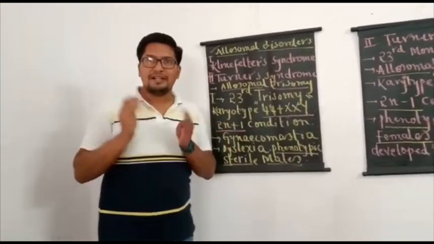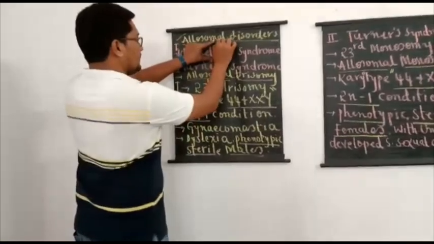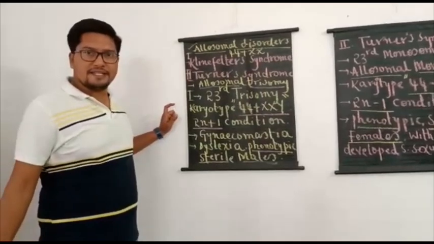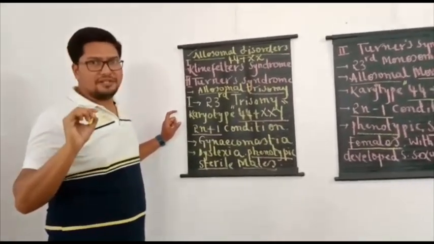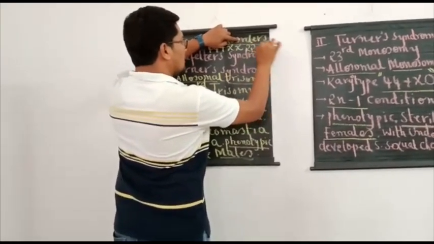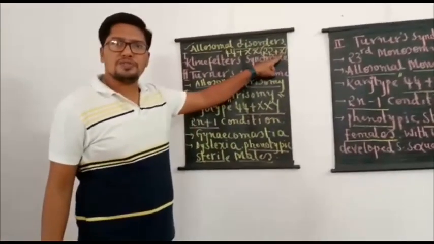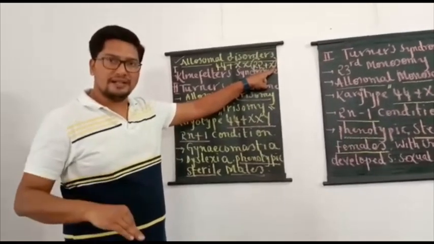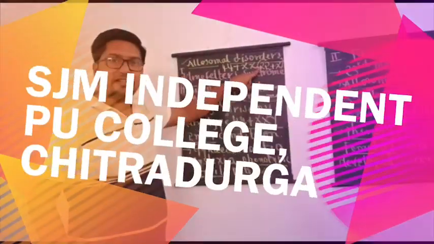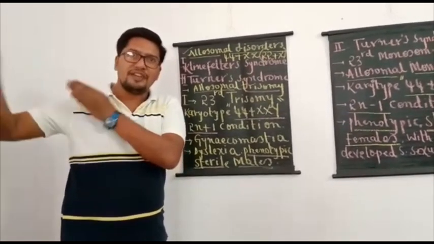And students try to understand, a normal female karyotype is 44 plus XX. When a female forms a gamete, each gamete condition is 22 plus X, right? Means each gamete carries 22 autosomes and one copy of X chromosome. But just imagine if the 23rd pair of chromosomes fails to segregate, so one gamete receives 22 autosomes plus 2 copies of X chromosome.